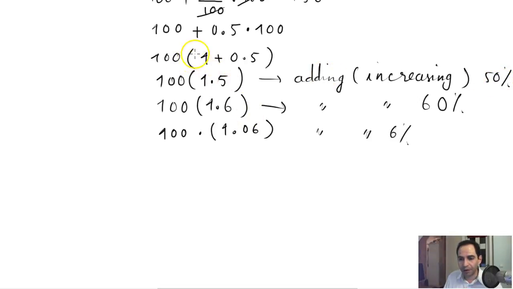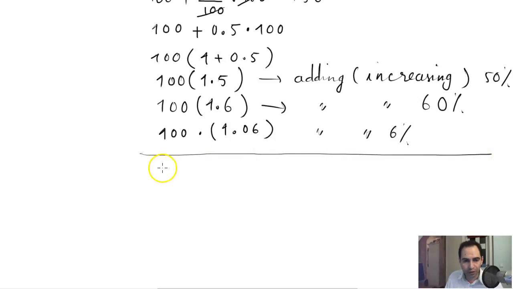What about if you want to, for example, decrease something by 40%? What do you do then? So decreasing something by 40%, suppose that you have 100 and you want to decrease it by 40%.